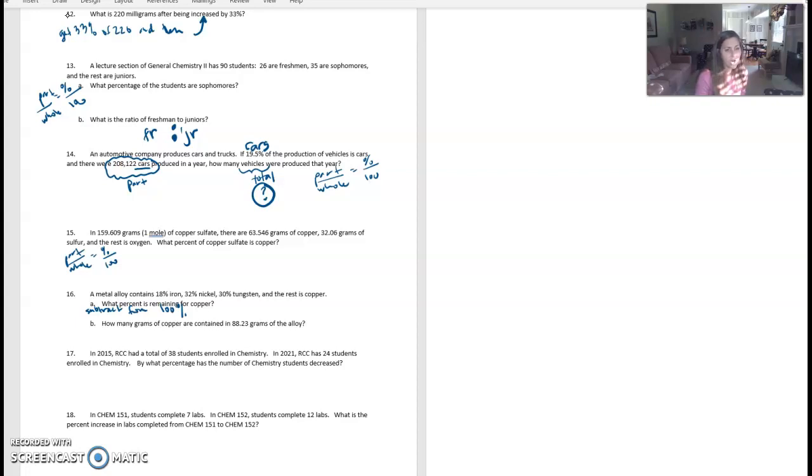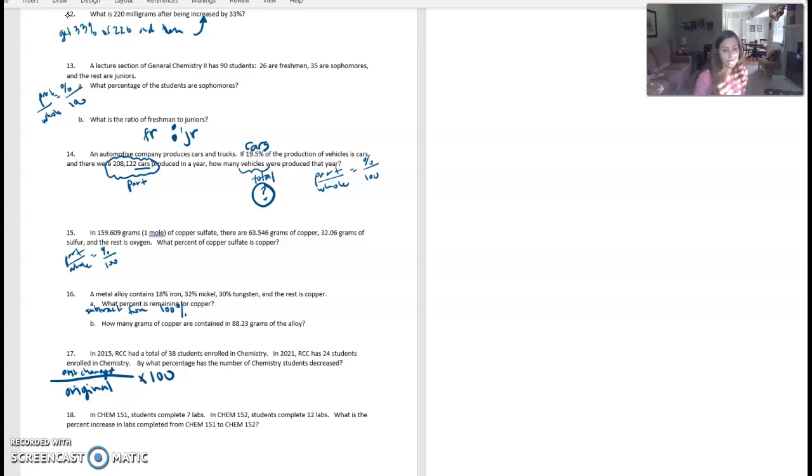Number 17, RCC had a total of students that had 24 enrolled in chemistry. What percentage of them decreased? Okay, so remember here, you put the amount changed, this is the percent change problem, over the original, and then you're going to multiply that by 100.